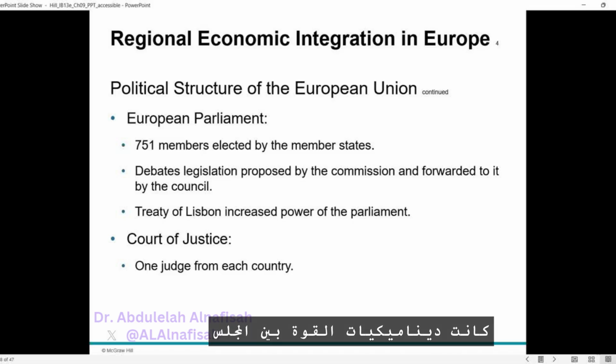The power dynamics between the Council and the Parliament have been a subject of debate in Europe, with the Treaty of Lisbon signed in 2007 aiming to increase the Parliament's authority. The treaty also introduced a President of the European Council and maintained the Commission at 27 members with a rotation system.